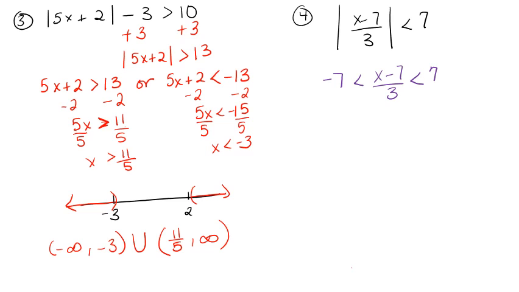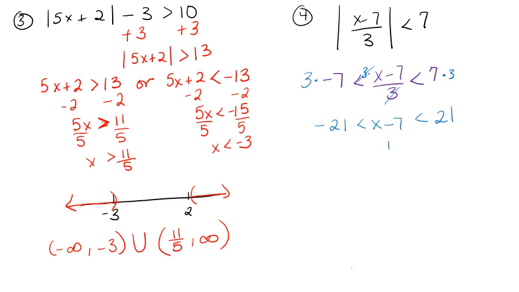So I'm going to multiply by 3 to get rid of that 3. So I get negative 21. These 3 cancel. X minus 7, which is less than positive 21.